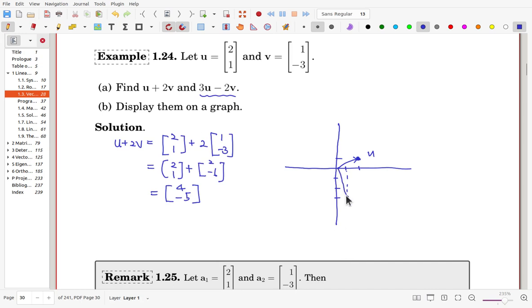That is v. Now u plus 2v means that first we move along u. Then parallel with this v, we move 1v and another v, 2v, so that eventually that will be u plus 2v. Here x is 4, y is minus 5.